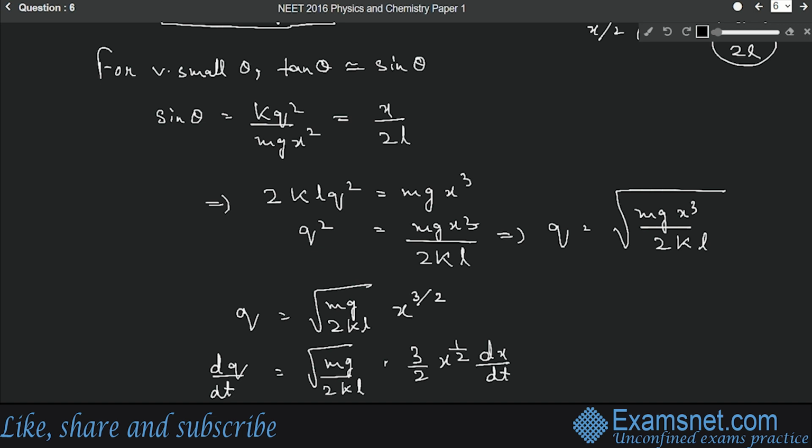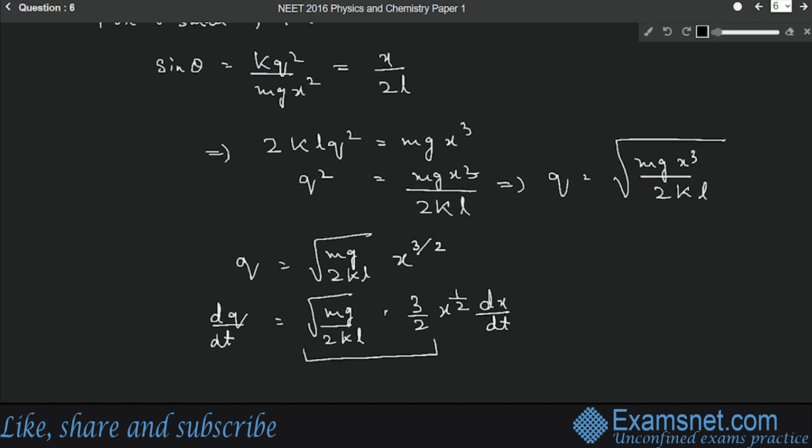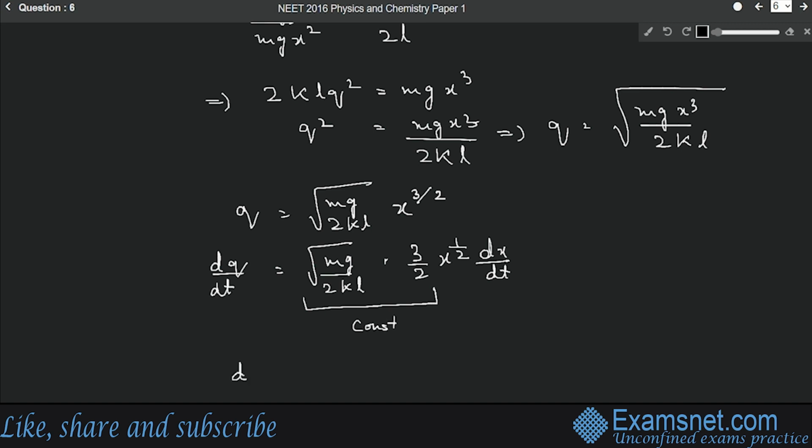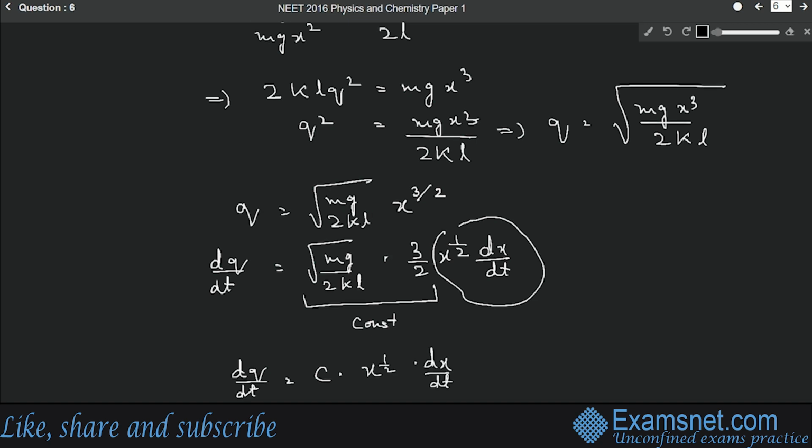Okay, now these are constants, so in this place we can write C only. So dq by dt is equal to C into what is left here. This side we have x to the power half into dx by dt.